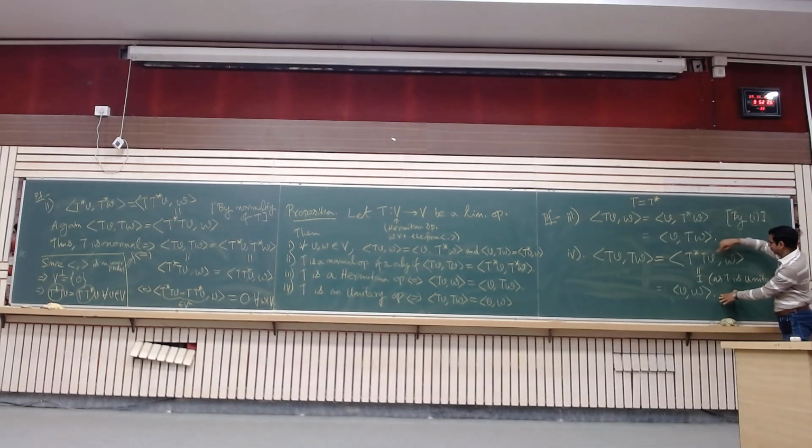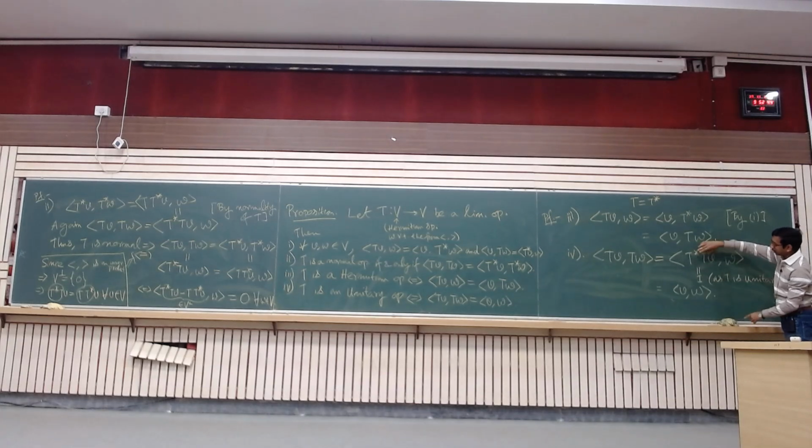We write T star T V W is equal to V W. Take V to this side. It's linear in the first variable. Well, it's conjugate linear in the first variable. It doesn't matter because you are having the coefficients 1 in these cases. So this is some vector, this is some vector. Both are taken product with W.